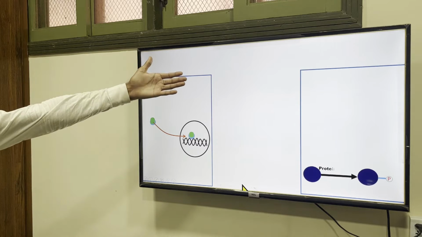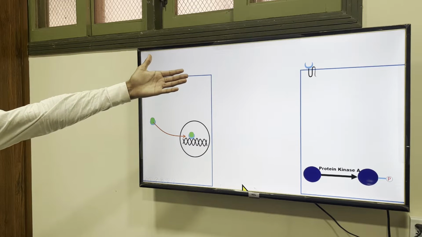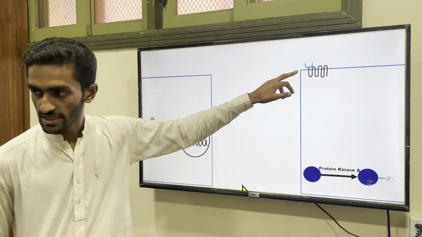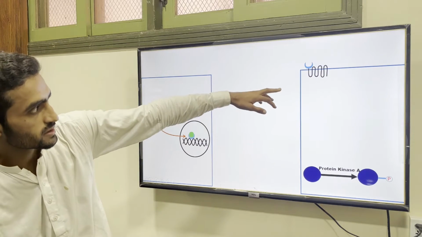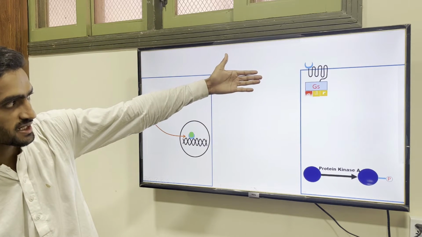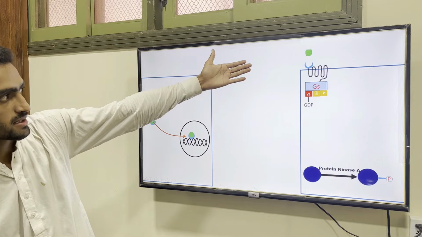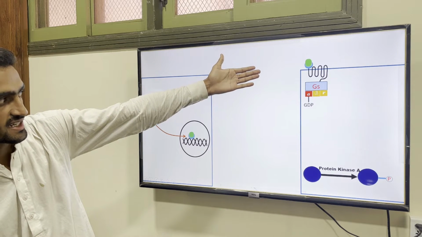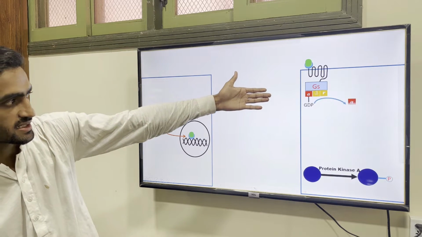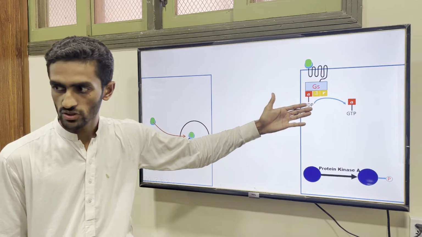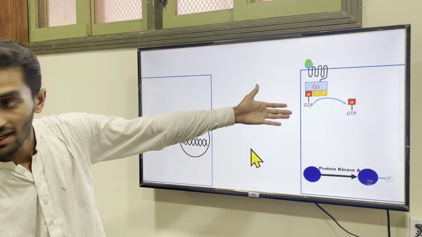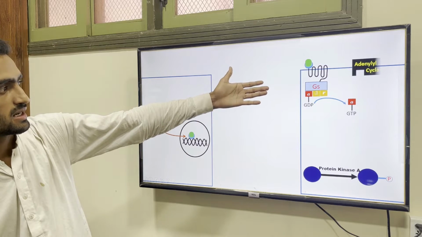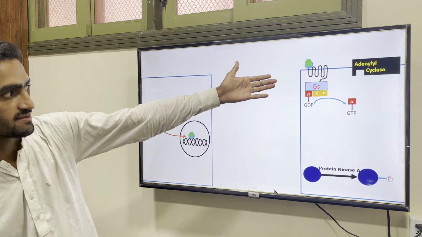If you look at the other hand, what is happening? There is a receptor on the extracellular side. They attach with some G protein, and we are coming back to this. As they attach, they cause the activation of this G protein, which releases the alpha subunit and activates something.